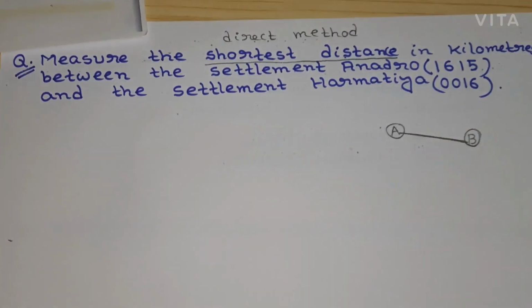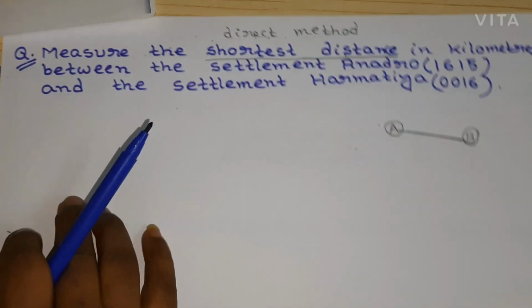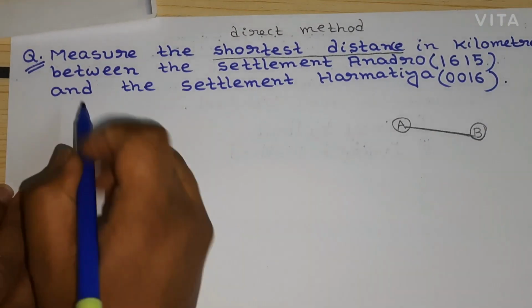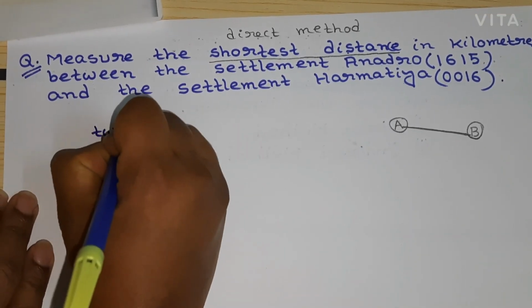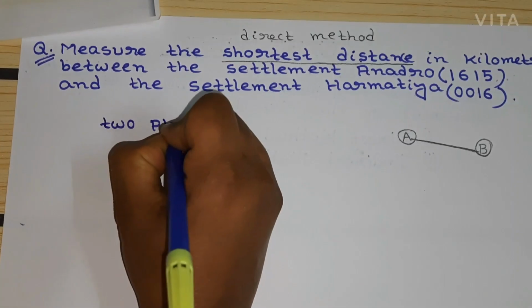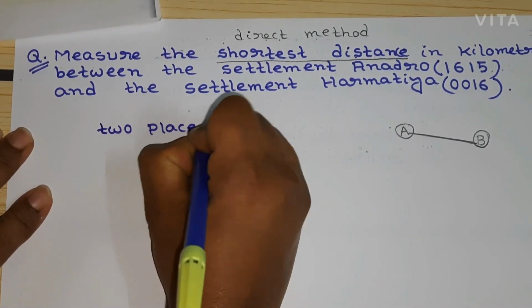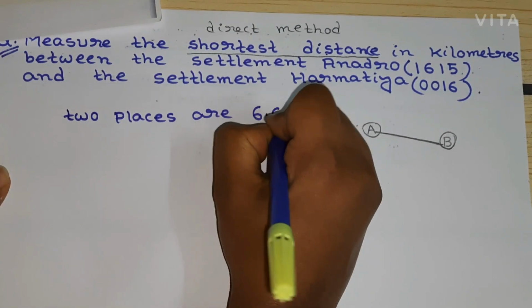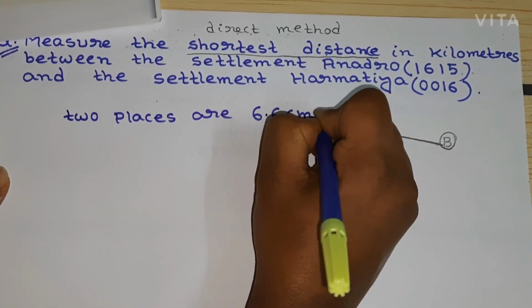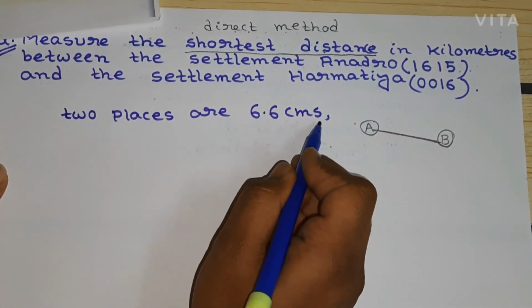So how much did we get using this particular scale? So we can write: the 2 places are 6.6 centimeters apart on the map.